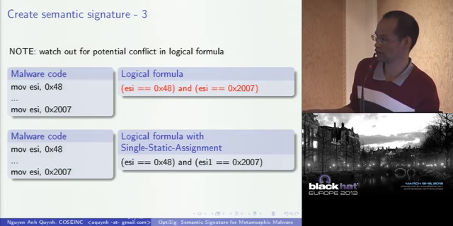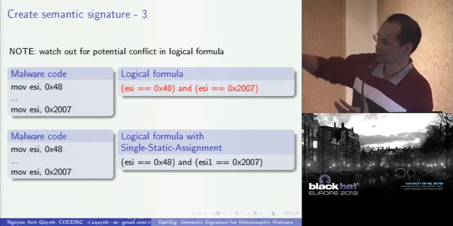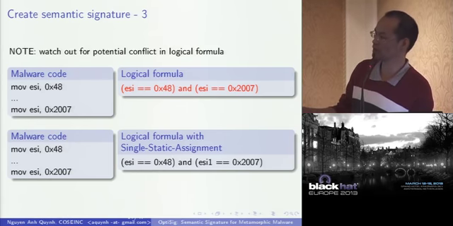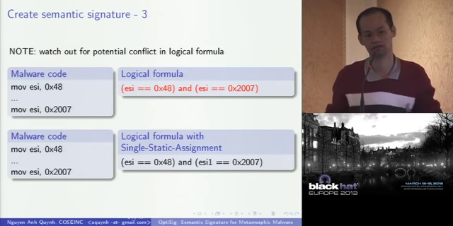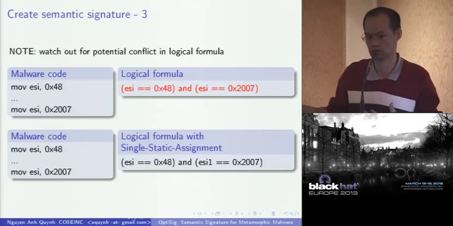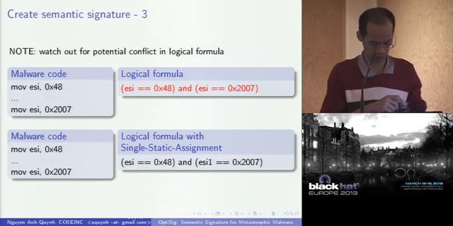We have ESI equal to 48 and ESI1 equal to 207, and after this, all references to ESI should reference ESI1. So there's no more conflict, and we use single static assignment to solve the problem. This one, we must be very careful about.